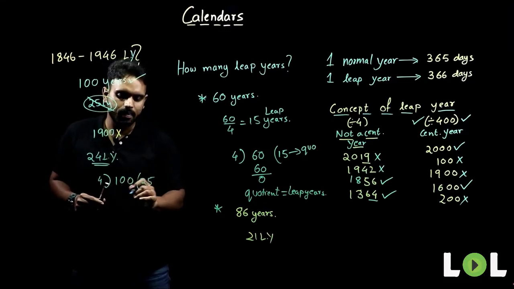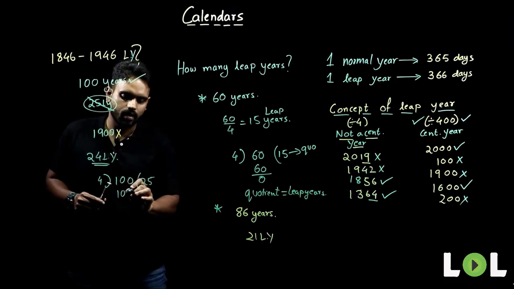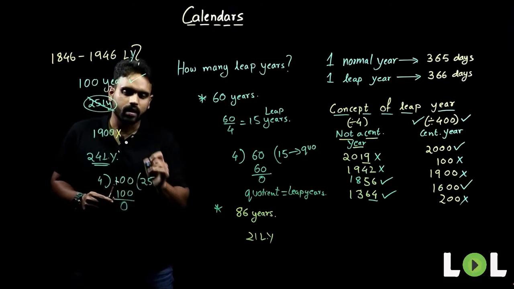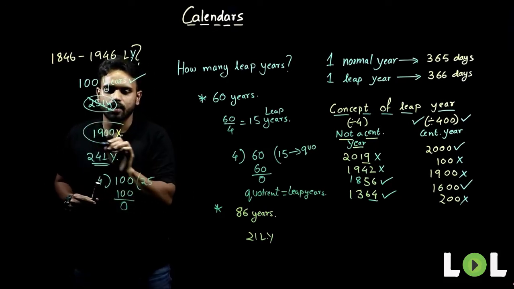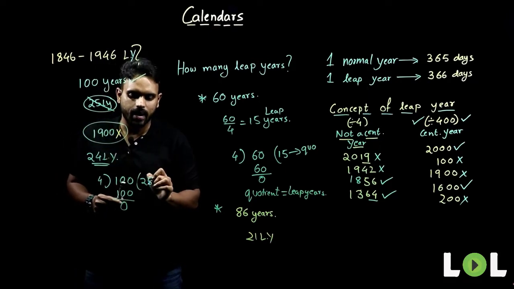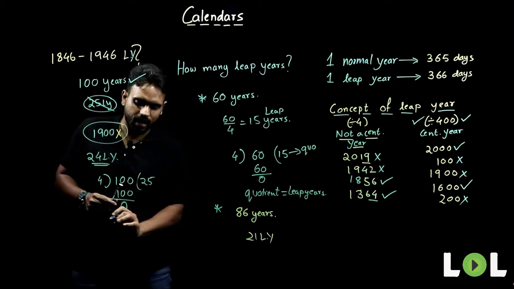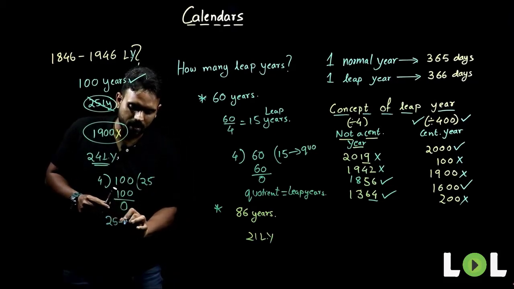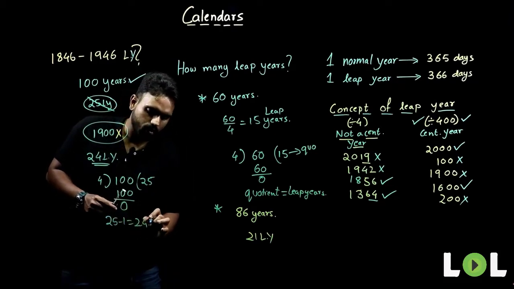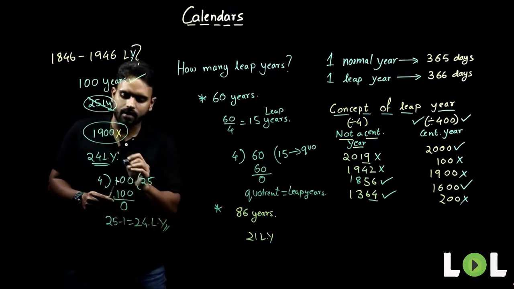But I have a century year here which is not divisible by 400. So, I have to subtract that 1 year from 25 to arrive at 24 leap years, like I have written here.